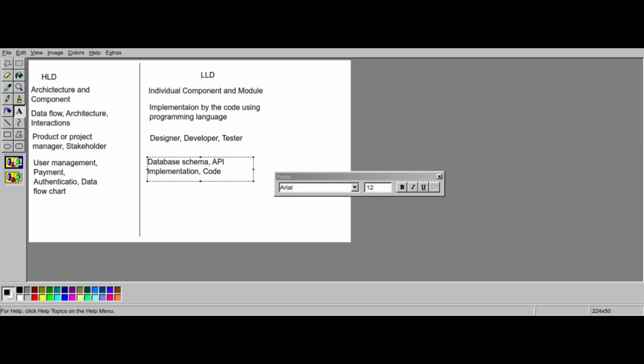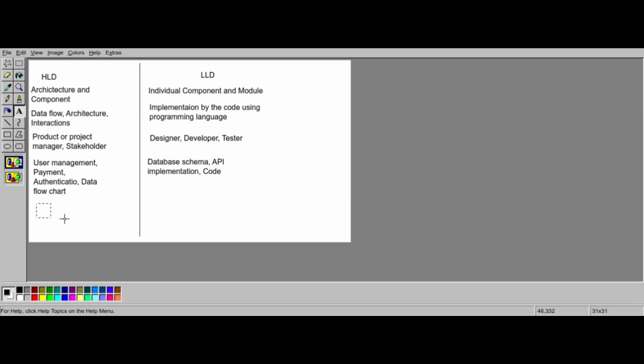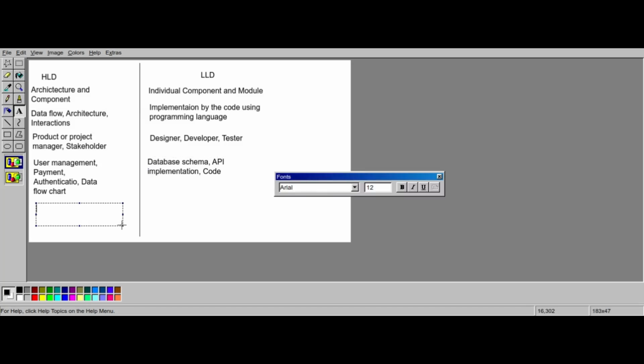What is the summary? It's the main point for both. Keep in mind that when the interviewer asks, the summary is the main, important and vital point.